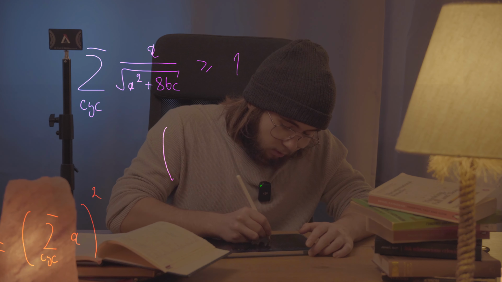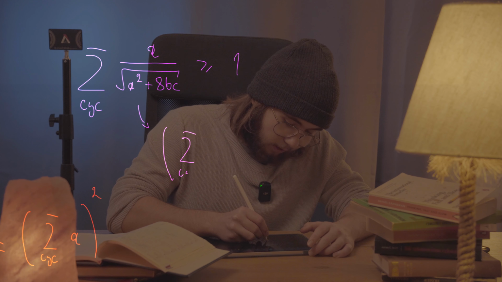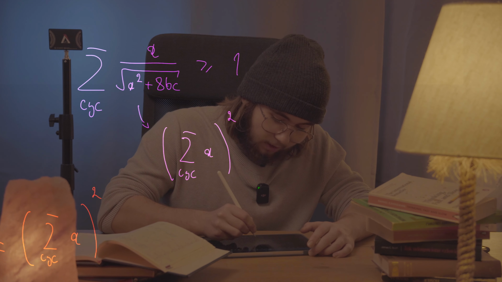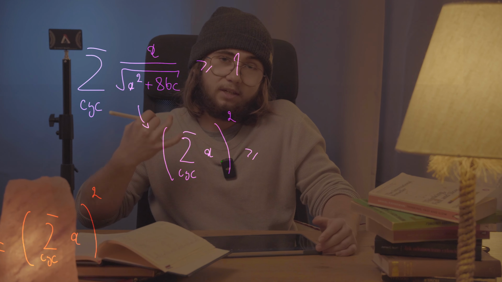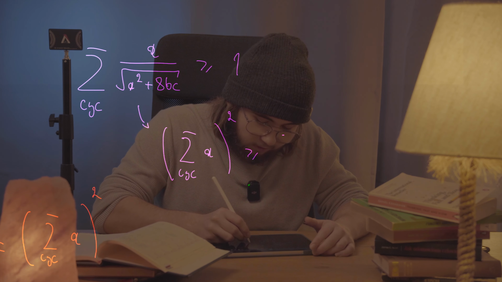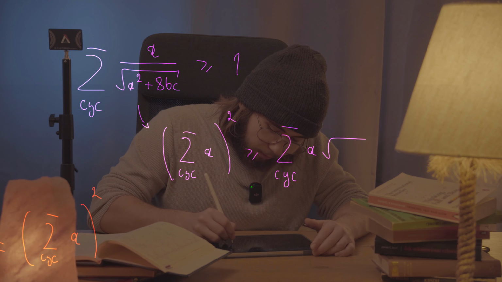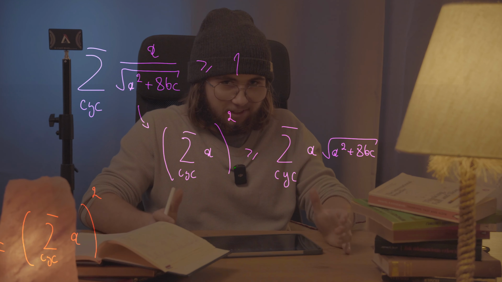We got, well, the left hand side became the cyclic sum of just the a and then everything squared. However, the right hand side became exactly the thing that we multiplied the left hand side by, which is the cyclic sum of a multiplied by the square root of a squared plus 8bc. And this inequality didn't get any easier.